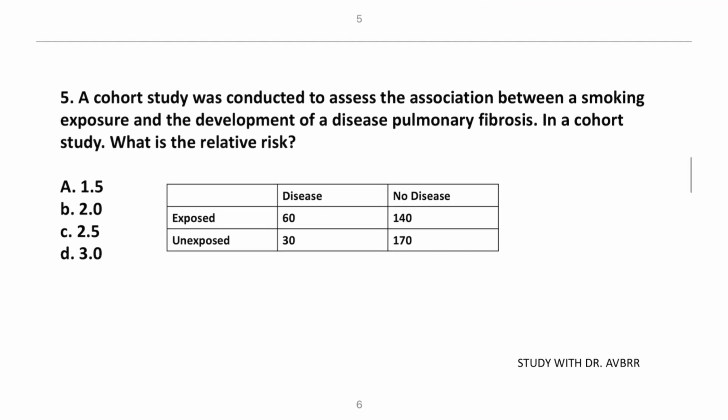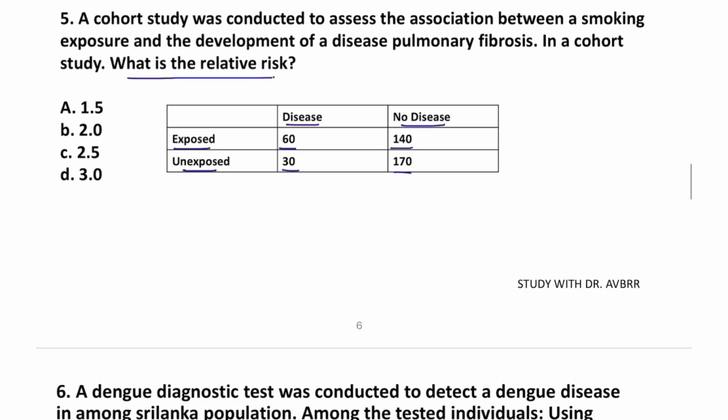Next, moving on to the cohort study. In the cohort study, we calculate the relative risk. We have two types, disease development and no disease development. Exposed are 60 and 140, unexposed are 30 and 170. So let's apply this.